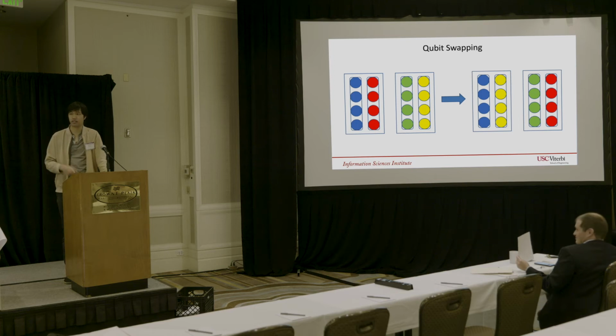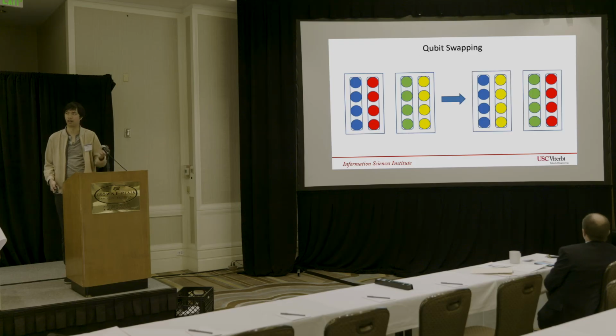So here's a quick illustration of what we're doing when we're actually reconfiguring things. We see here on the left two chimera cells with colored Boltzmann machine variables assigned to the qubits. In one assignment, we could have the blue variables match with red and the green match with yellow. But suppose we want to redo our assignment, and we end up pairing our blue variables with yellow and green with red.